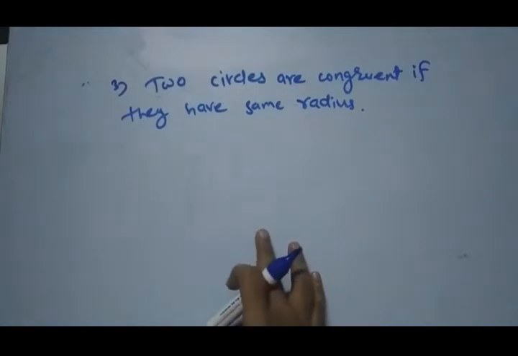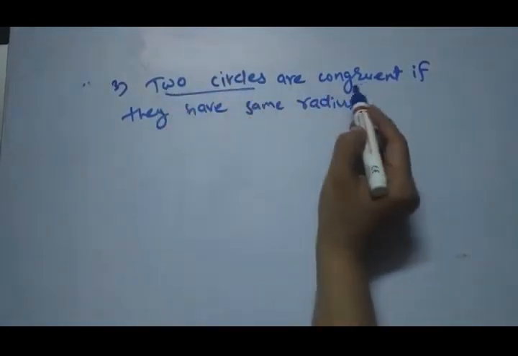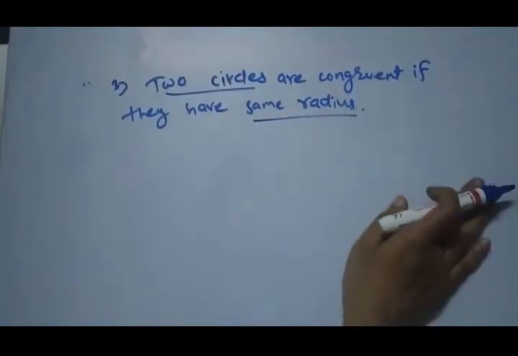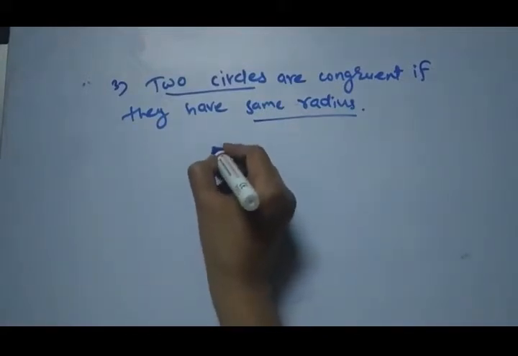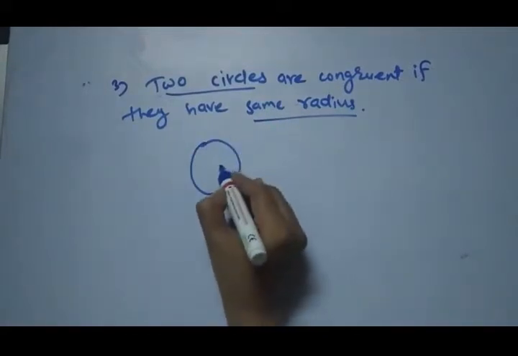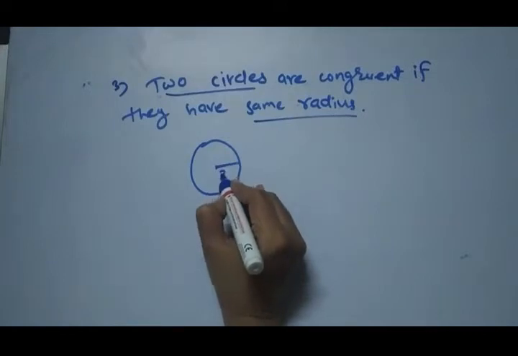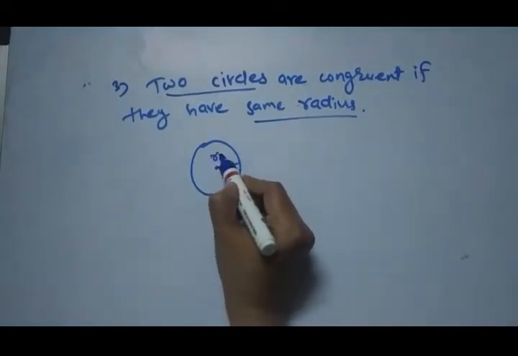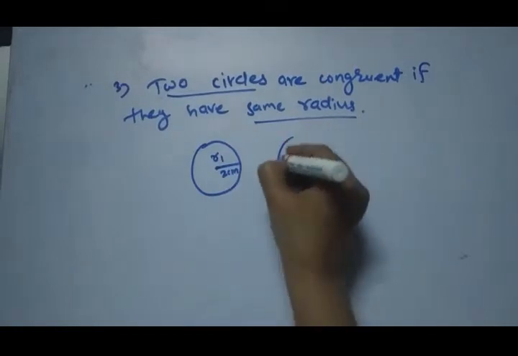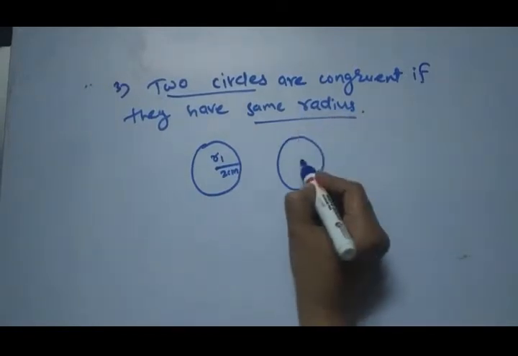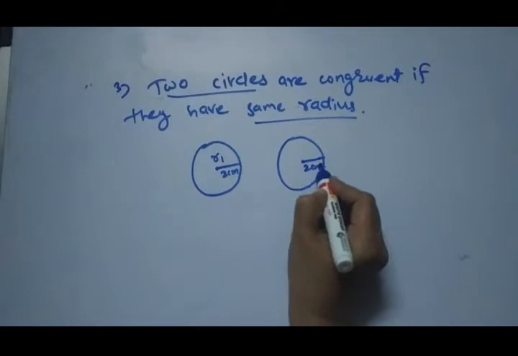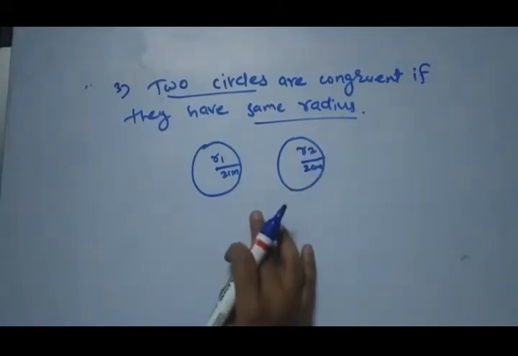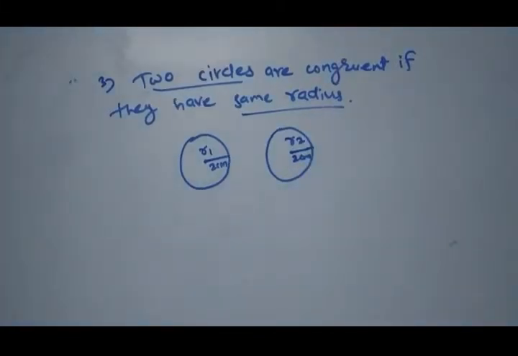Next we will see about two circles. Two circles are congruent if they have the same radius. For example, there is one circle and its radius is 2 centimeter. We name it radius R1. And there is also one more circle, and its radius is also 2 centimeter. This is R2. So both radii are the same.